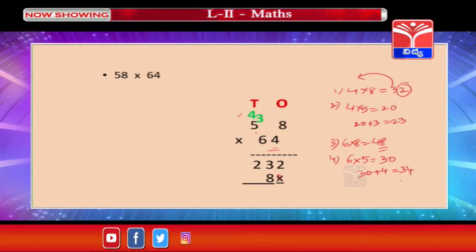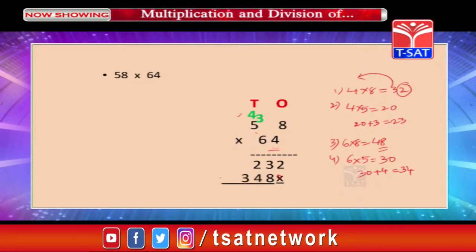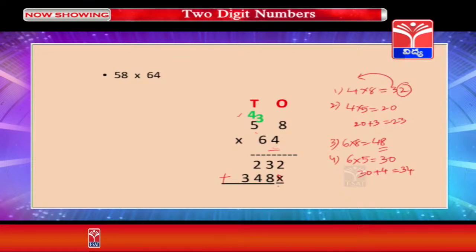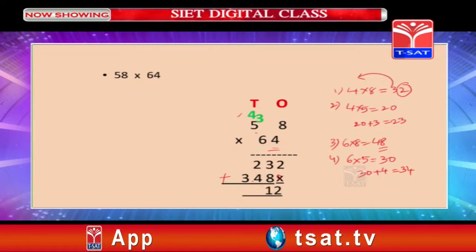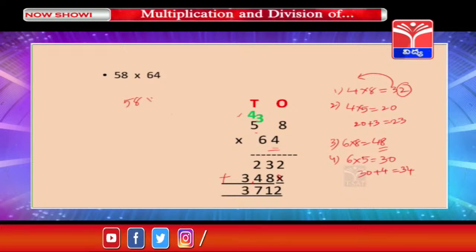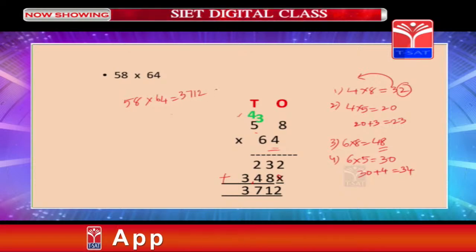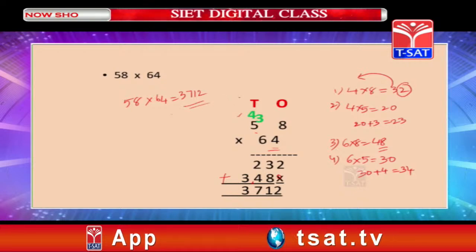So, we get 34. Then next you add: 2 plus 0 is 2, 8 plus 3 is 11, carry forward 1, and 1 plus 4 is 5, plus 2 is 7, and this is 3. So, 58 into 64 is equal to 3712. This is the resultant we got.